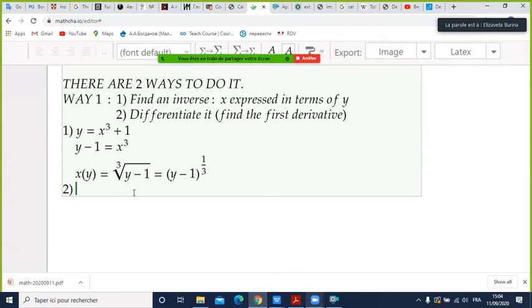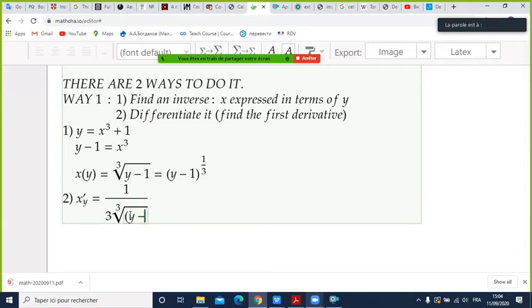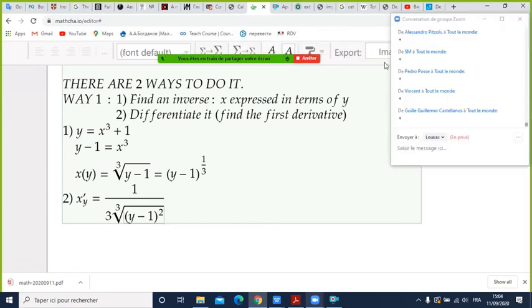So let's derive it. X prime y is equal to 1/3 times (y minus 1) to the power of minus 2/3. Do you agree with this derivative?